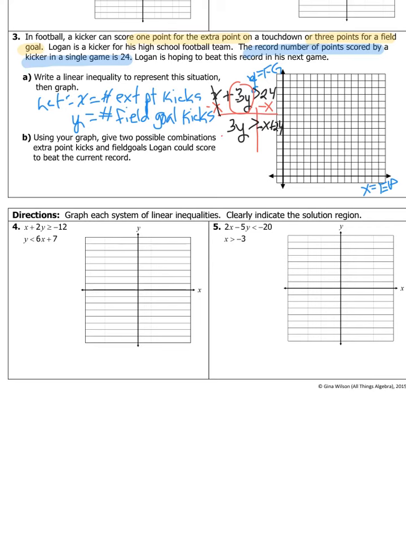Then I want to divide by 3 and write what we have left. So I have y is greater than. Take x out of the fraction. You have a negative up top, which has to be a negative 1 over 3 x. And then 24 divided by 3 is 8. So our y-intercept is 8, so we're going to count up 8 and plot that.